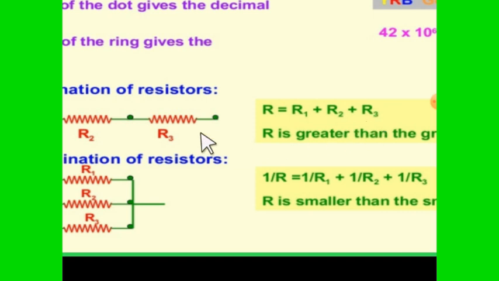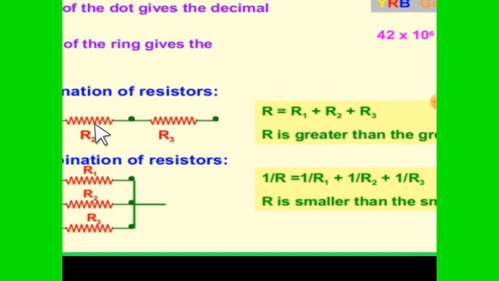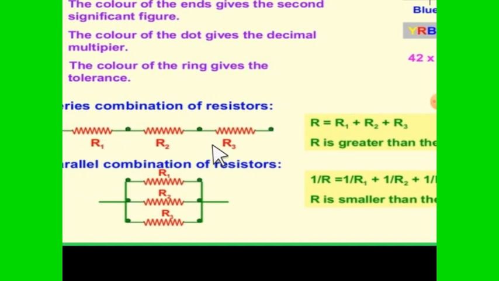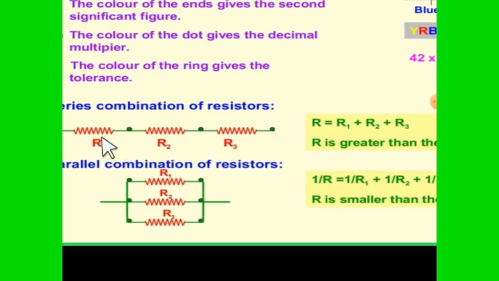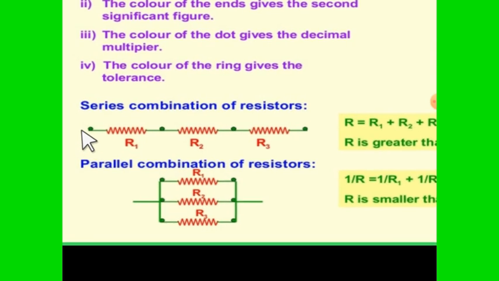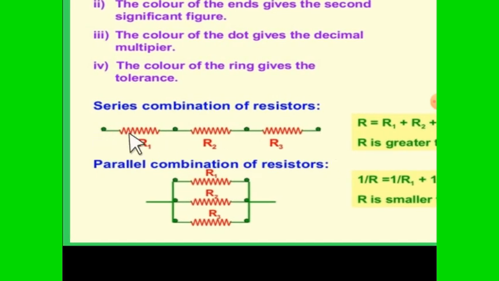The first one is what? The same current flows through different resistors. And the sum of the potential differences across different resistors will be equal to the potential difference across the two ends of the series connection. One here, another here. That potential difference will be equal to the potential difference across here plus across here plus across the last resistor.